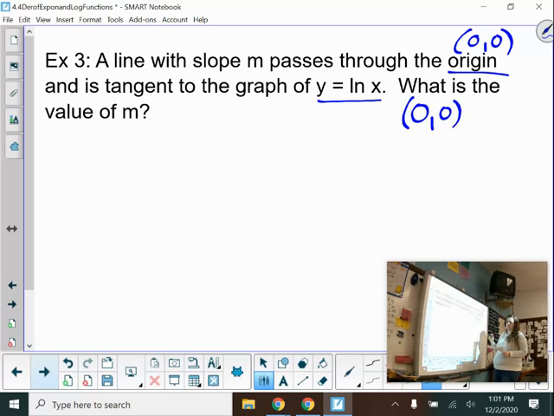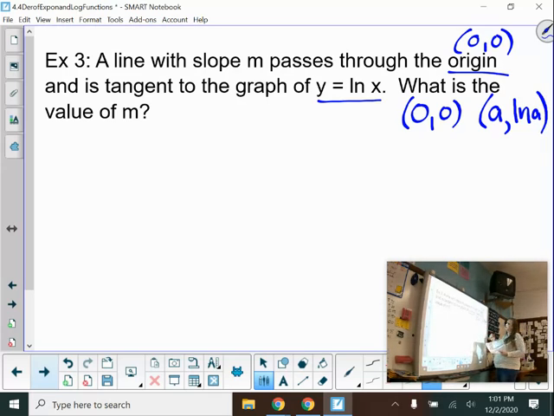The other point that I'm dealing with is some other value. You could use x. I'm actually going to use a to keep things a little bit different. So I'm going to say, okay, let's say the x value is a for some other point. When I plug the a into this equation, I'm going to get back natural log of a.